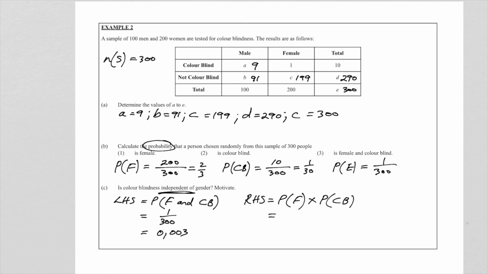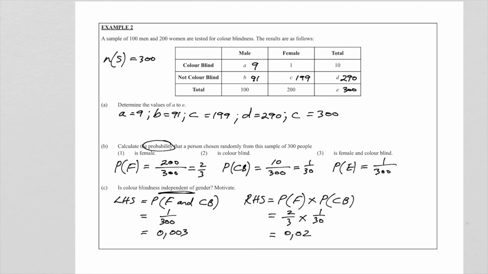So probability of female was 2 over 3, multiplied by the probability of colorblind, 1 over 30. You multiply that, you put it to 2 decimals, and your answer is then 0,02.